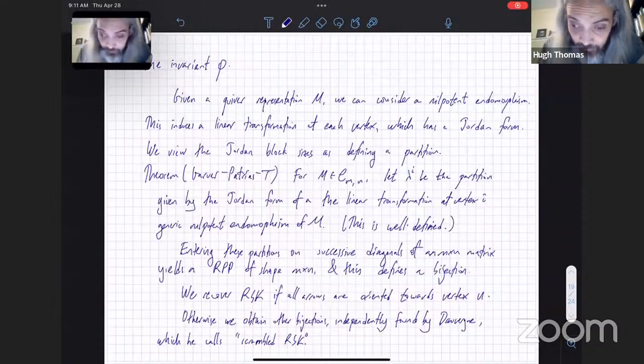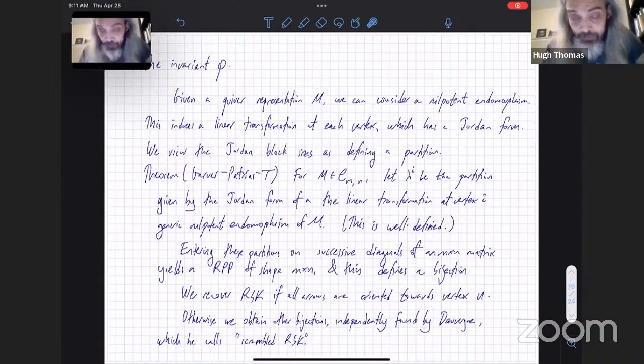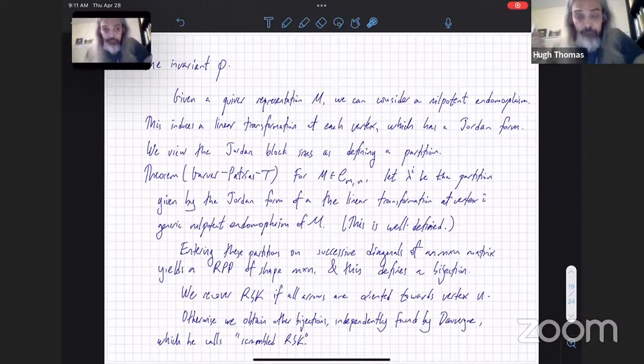This takes a little bit of digesting, but we'll have an example on the next page, I think. Given a representation, we can think about a nilpotent endomorphism of it. That's a linear map at each vertex, from the vector space at that vertex back to itself. And there's some compatibility condition on those different linear maps, but basically it's a collection of linear maps.